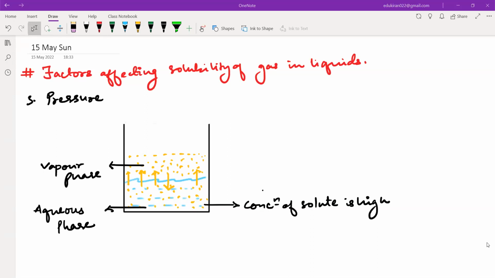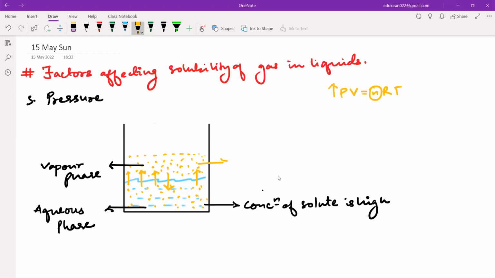Yes. Now, since all of these vapor phase solute particles are gases, by the ideal gas equation, PV is equal to nRT, right? And if you have a large number of moles, then the pressure will also be high, right?